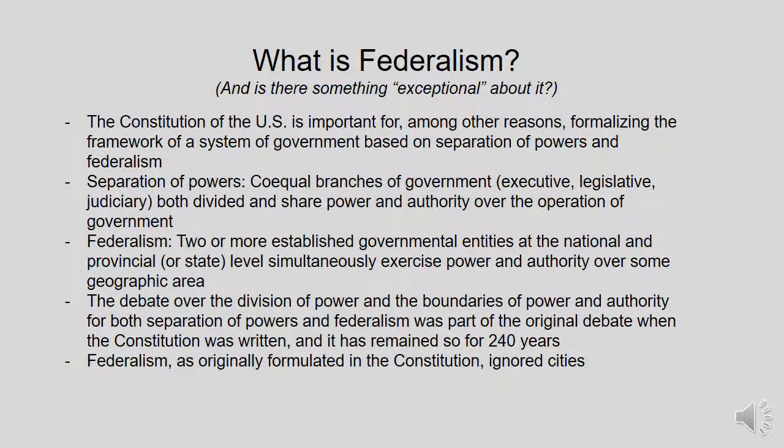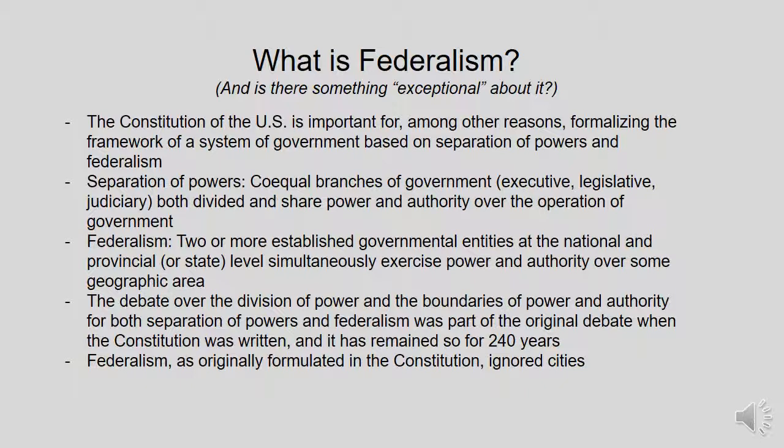To say the powers are separated is a little bit inaccurate because that makes it sound like there's a wall between the powers, but really the wall is permeable, and so the branches of government actually share power and authority over the operation of government. And so separation of powers, because of the US Constitution, became a staple for all state constitutions and for many city constitutions. We look at that as an essential of American democracy.